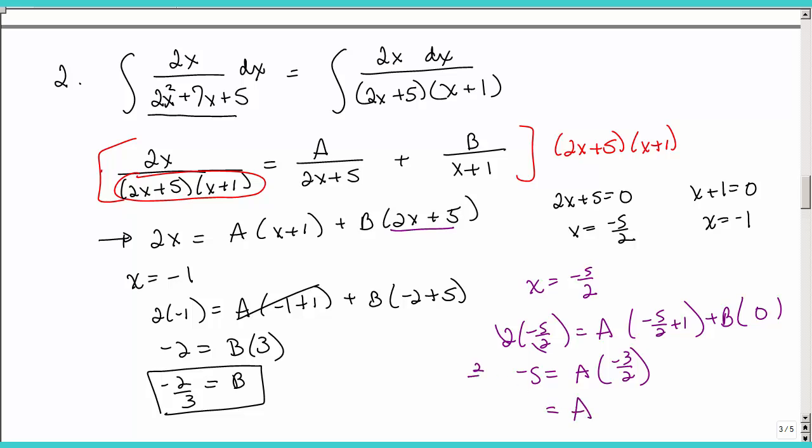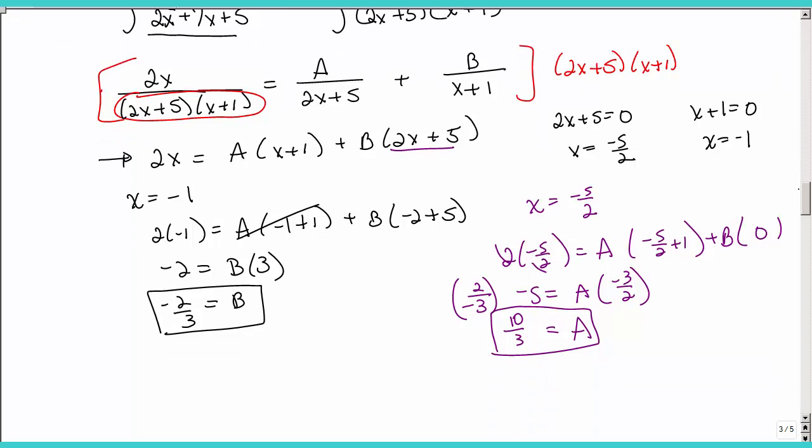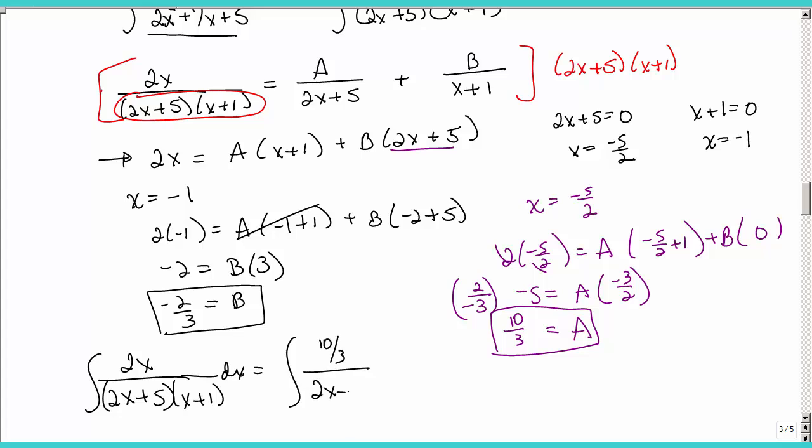So if I multiply both sides by 2 over -3, I'm going to get positive 10/3. Okay, so now I have my original problem equal to a, which is 10/3 over 2x plus 5, plus b, which is -2/3 over x plus 1.